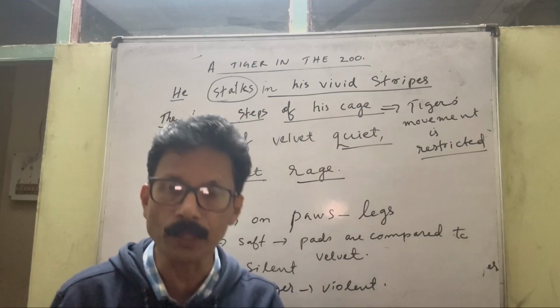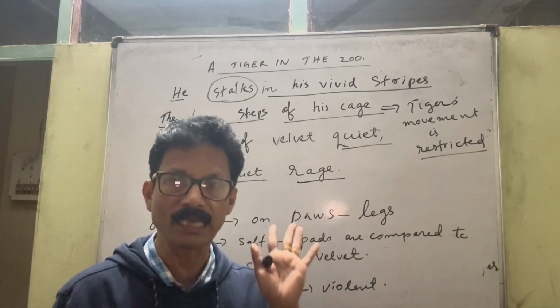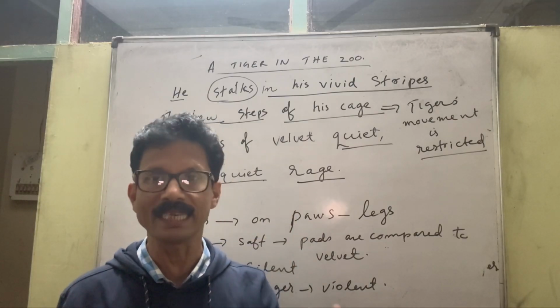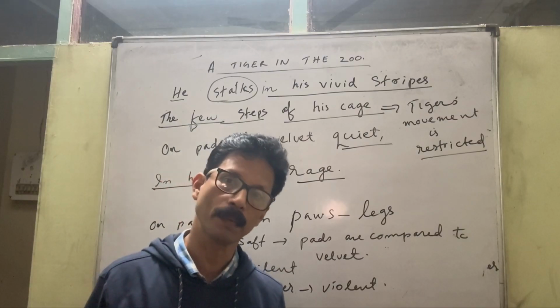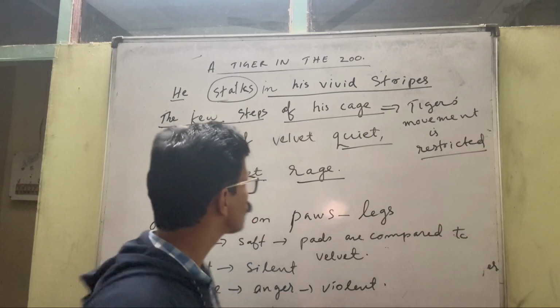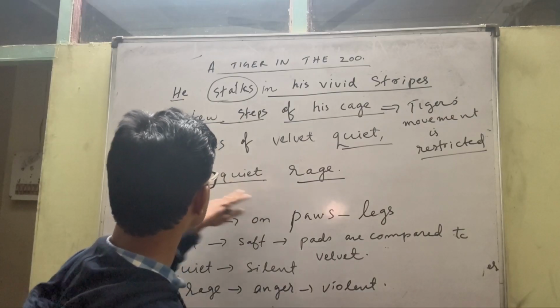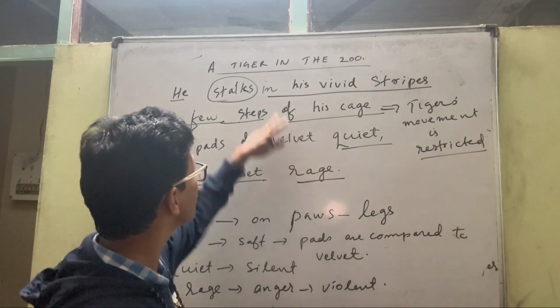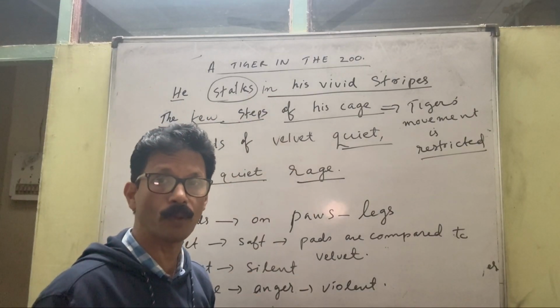He wants to attack you. He does not like his confinement. He does not like the captivity he is in. But he is helpless. So he has suppressed his anger. So the expression is in his quiet rage. Hope you have understood the first stanza of the poem.